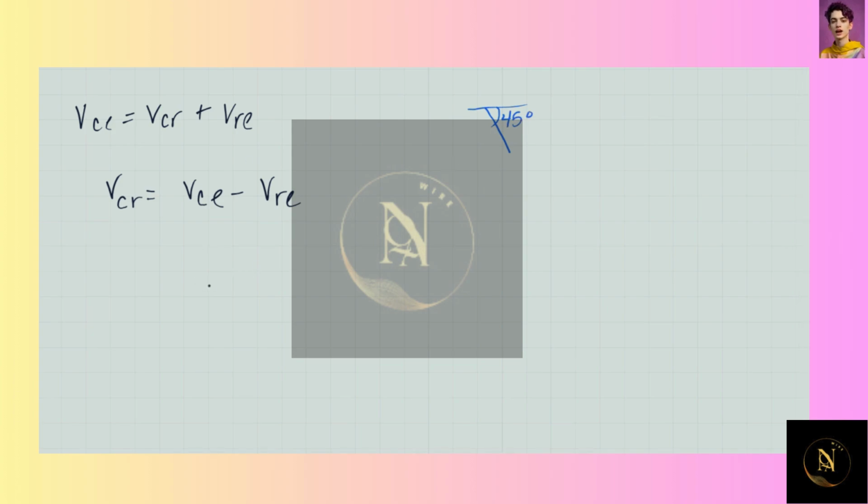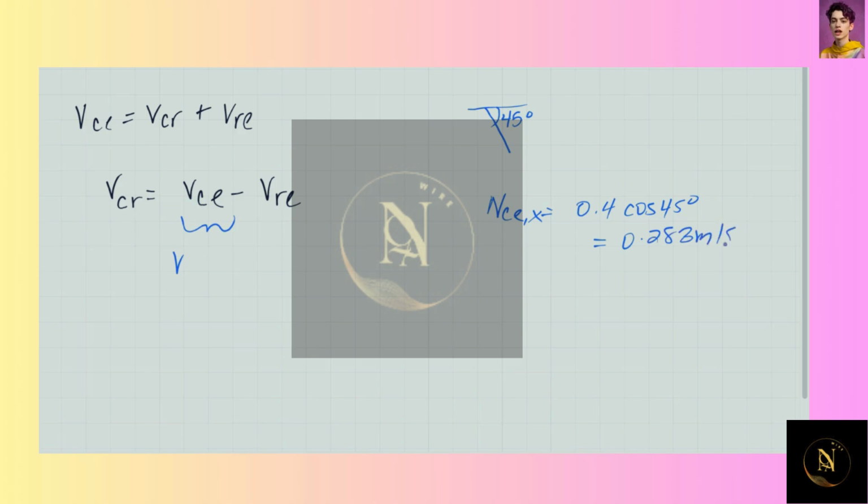So we have the velocity of the canoe relative to the Earth in the x direction is 0.4 cosine of 45 degrees, which is 0.283 meters per second.